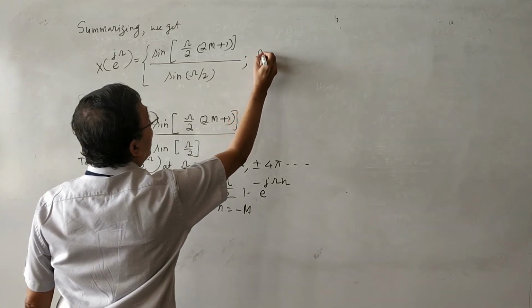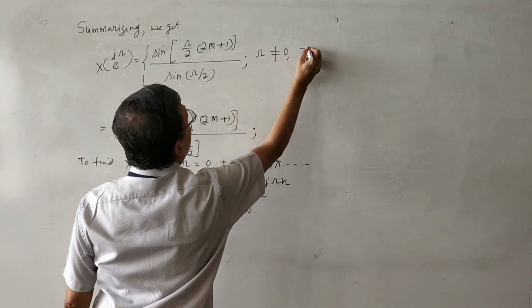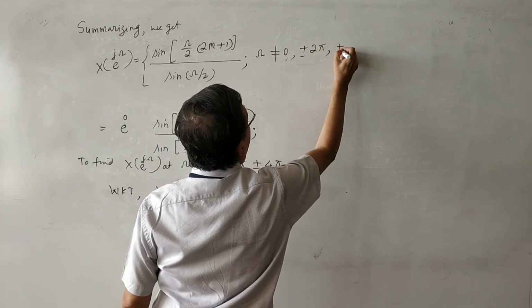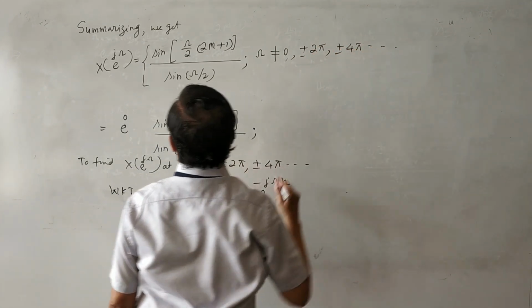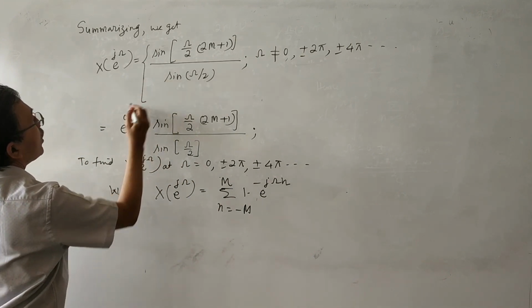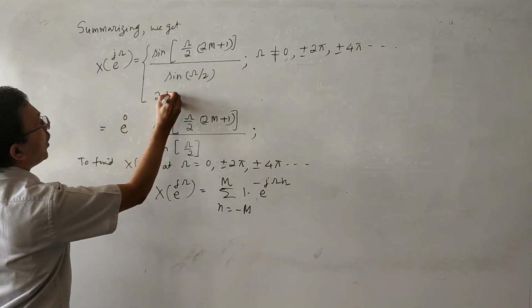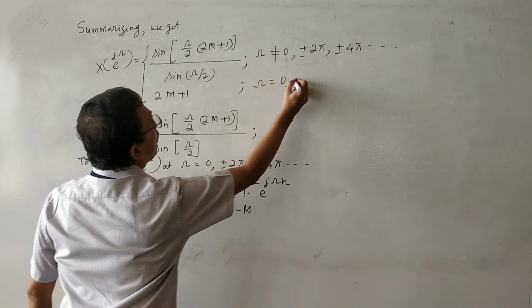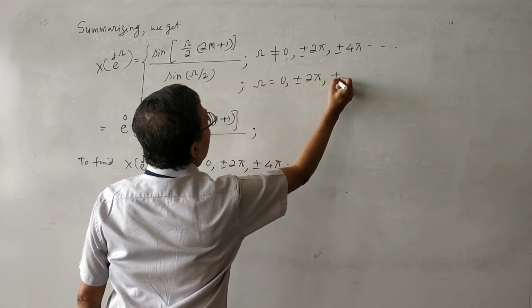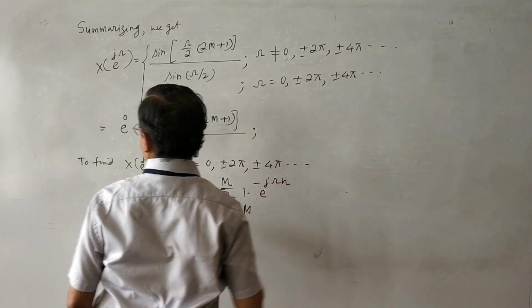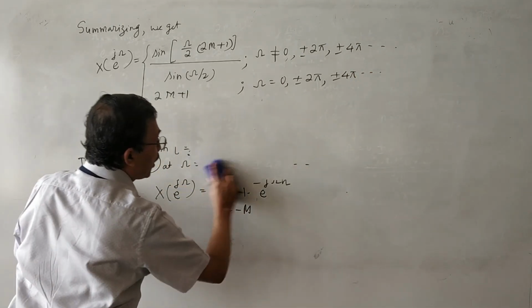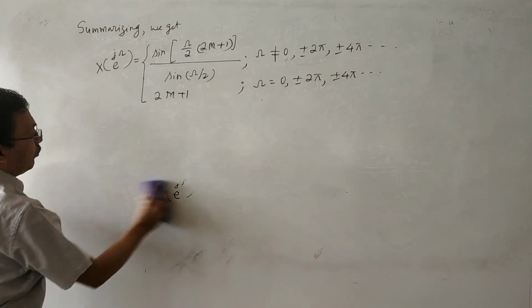The condition here is omega cannot be equal to 0, plus minus 2 pi, plus minus 4 pi, and so on. It equals 2M plus 1 when omega equals 0, plus minus 2 pi, plus minus 4 pi, and so on. So this is how the DTFT of the rectangular pulse is found.